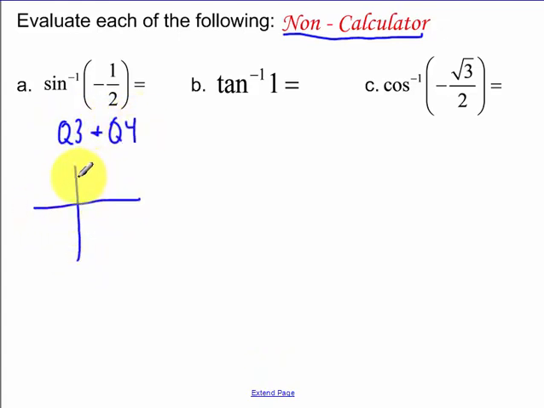But remember, inverse sine only deals with quadrants 1 and 4. So I know I'm dealing with quadrant 4, so I need to know the angle where my sine equals -1/2. A lot of you guys are going to give me this angle of 11 pi over 6.